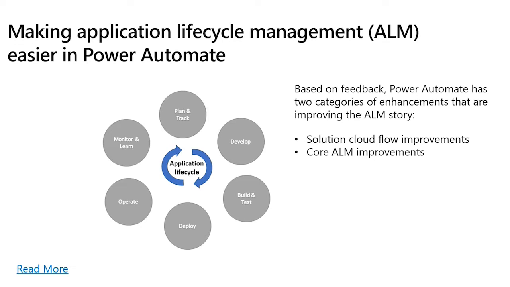Solution cloud flows are stored in Dataverse, so they can take part of ALM and can be administered and managed via Dataverse APIs along with other Power Platform components. And in addition to getting cloud flows into solutions, there are several core components to make ALM easier as well. Most of those are detailed in that release plan, so take a look at that for more information.